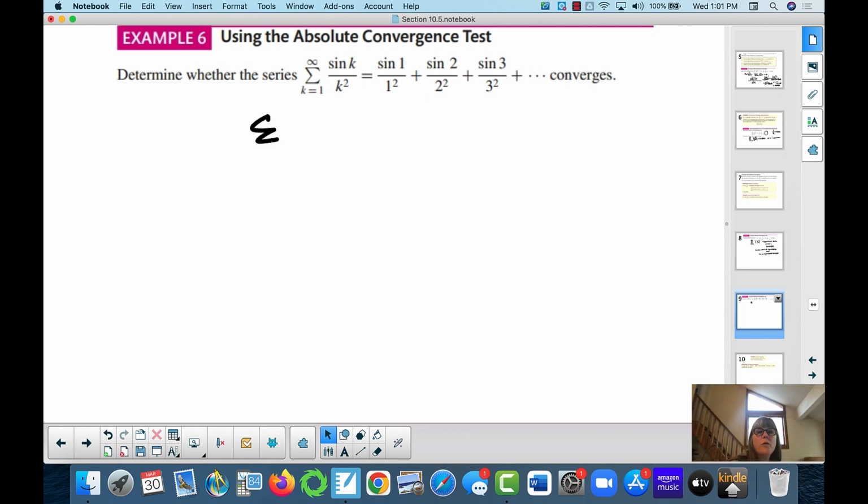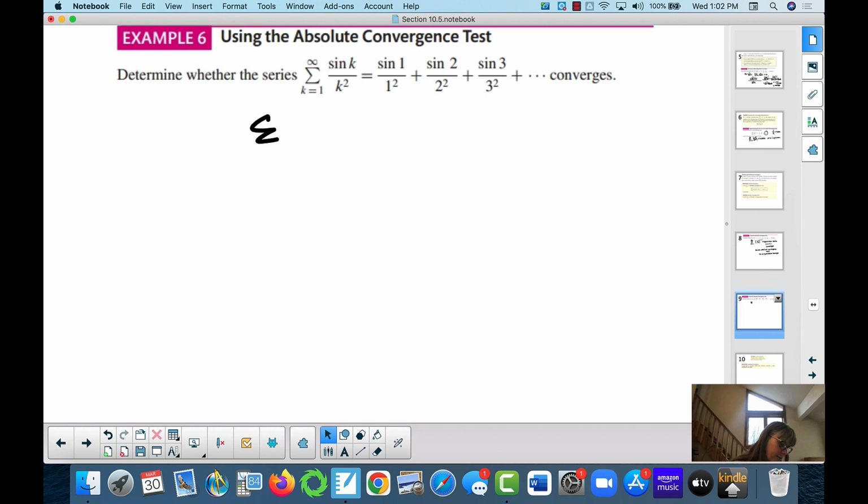Also, the different terms in here, some of them are positive and some of them are negative. As k gets bigger, I can get negative answers for sine and positive answers for sine. So it isn't any of the special ones that we know. We can't say it's a geometric series or a harmonic series or whatever, the way that it is right now.